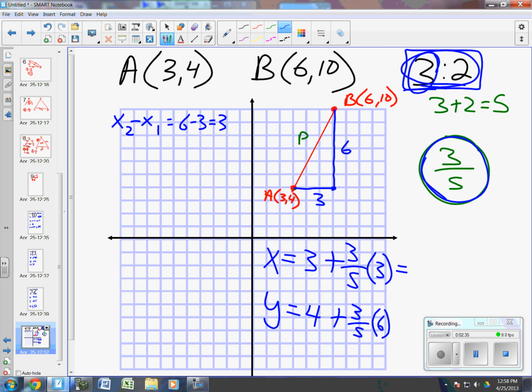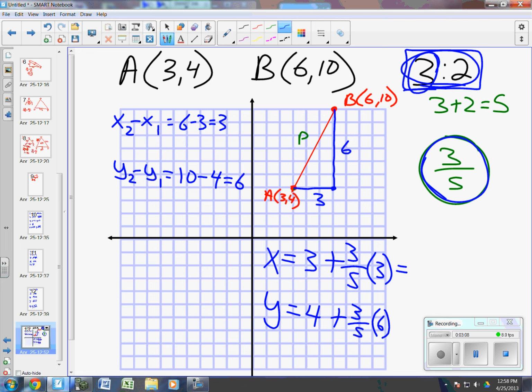That was my horizontal distance, my run, right? y2 minus y1 would be my rise, and y2 is 10 minus y1 is 4, which is 6, and that's how you can get 6. Because on the problems I'm going to be giving you, I'm not going to be drawing it on a graph like this. So you're not going to be able to look at it and say 3 and 6 right there. You're going to have to use these two formulas, x2 minus x1 and y2 minus y1, to come up with those distances.